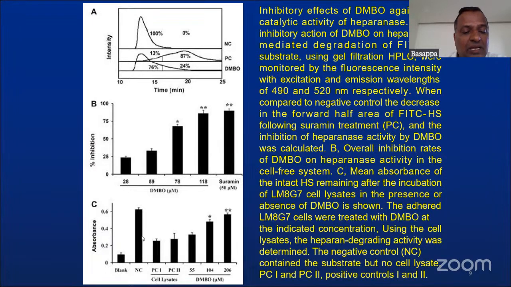In the cell system, we also measured the heparinase level, and DMBO showed high absorbance, which represents that intact heparan sulfate remains in that system.